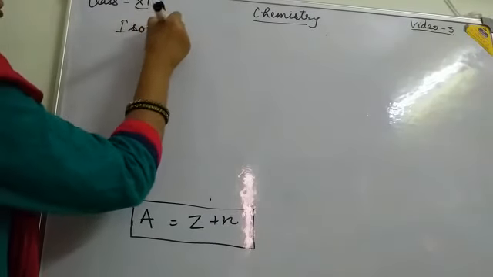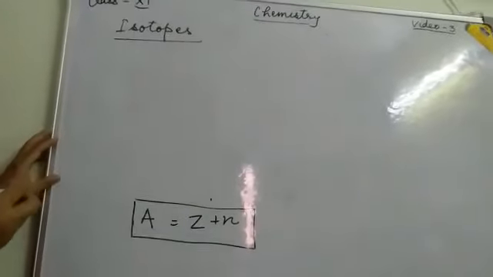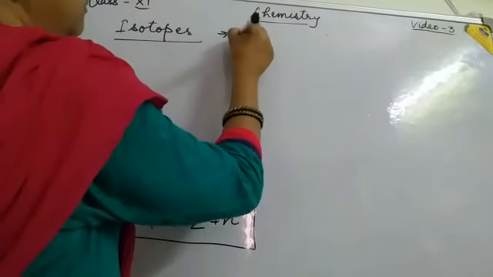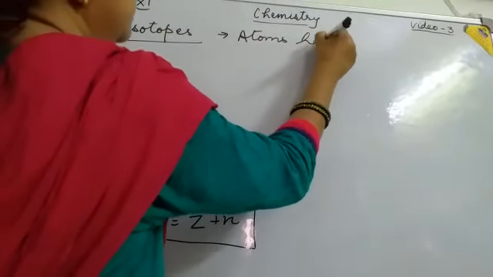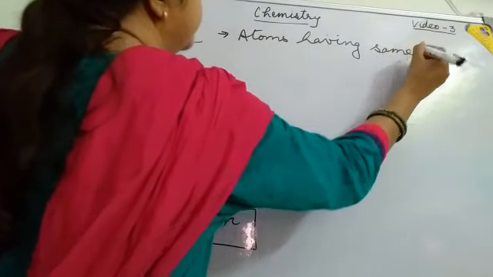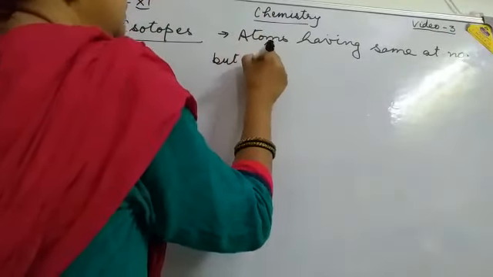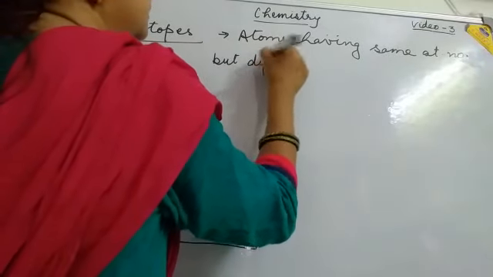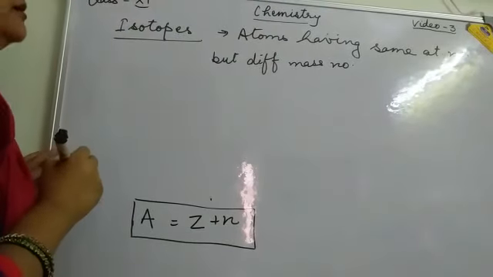Isotopes are atoms having the same atomic number but different mass number. They are called isotopes.